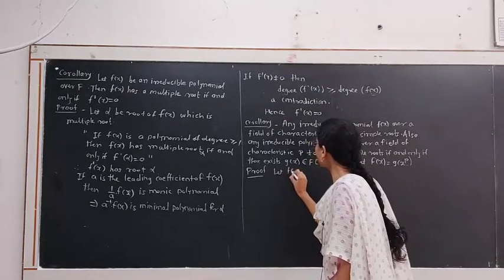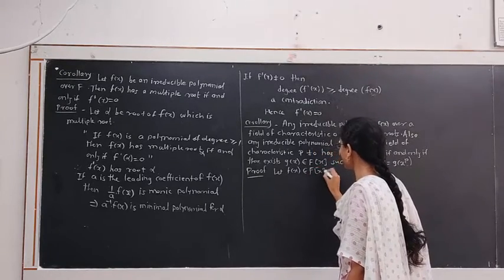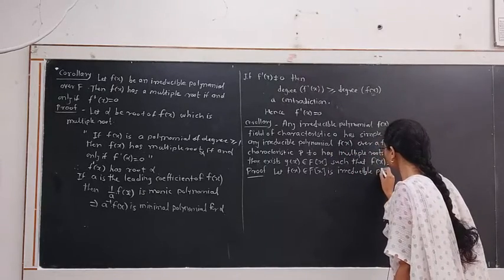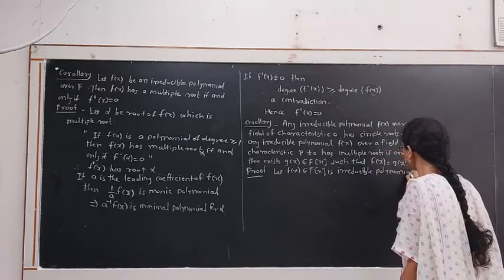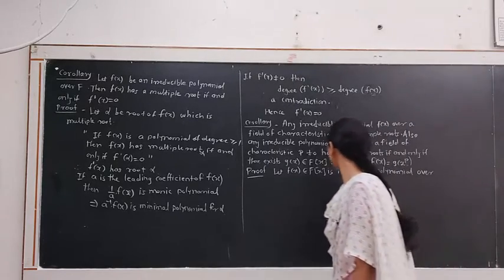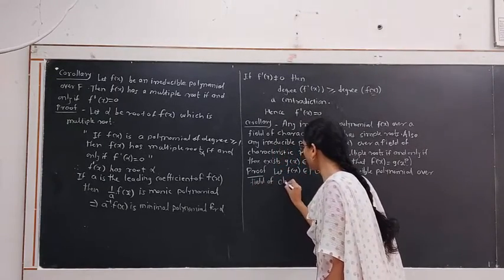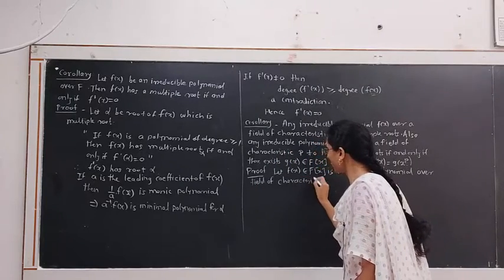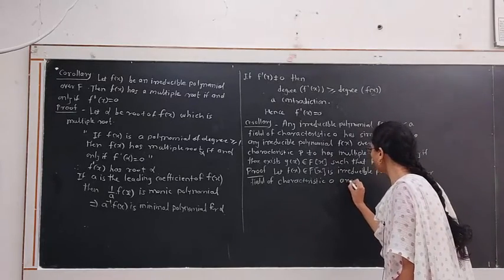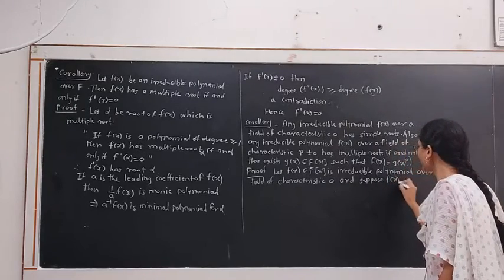Suppose f(x) is an irreducible polynomial over a field of characteristic 0, and suppose f(x) has multiple roots.